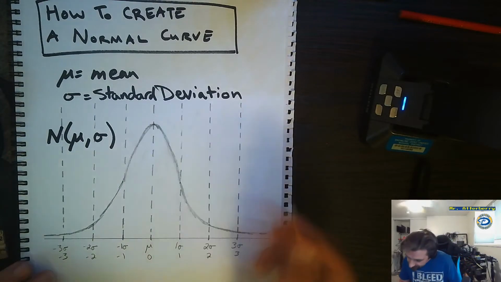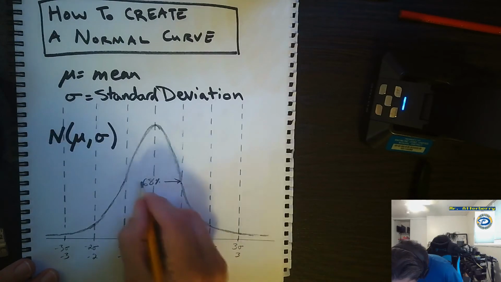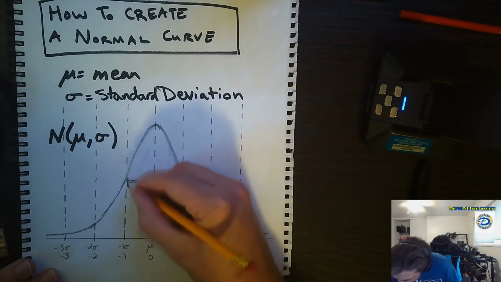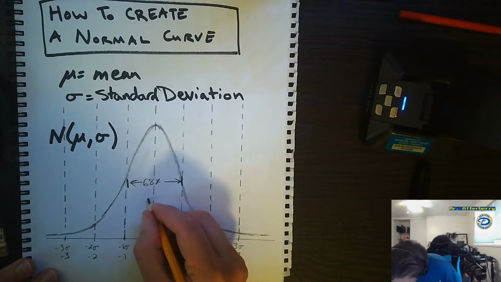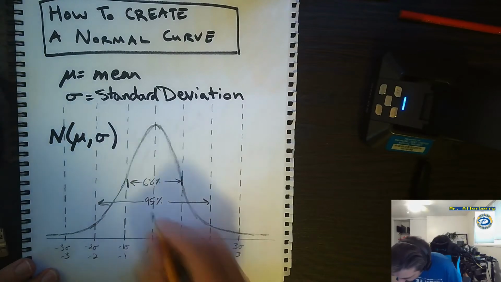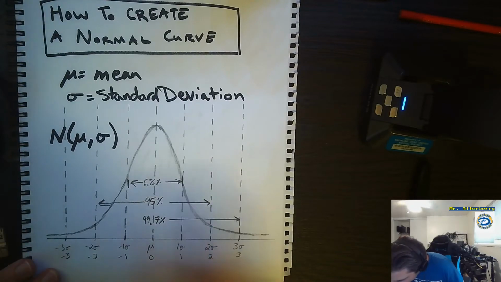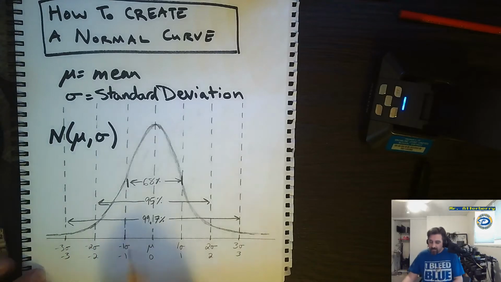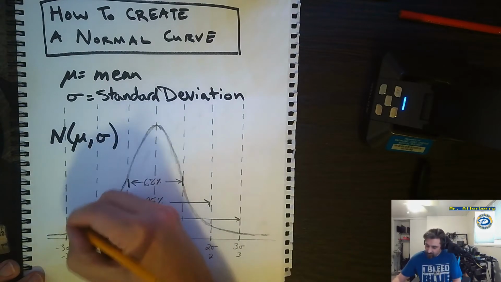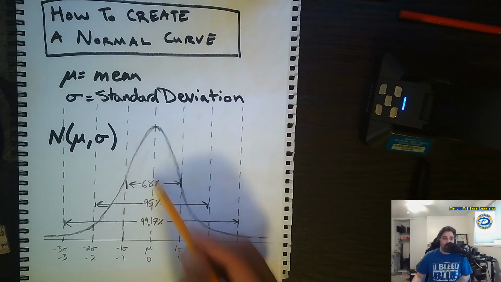So we know that 68% of our numbers fall between -1 and +1 standard deviations from the mean. So 68% of your numbers should fill up that space there.